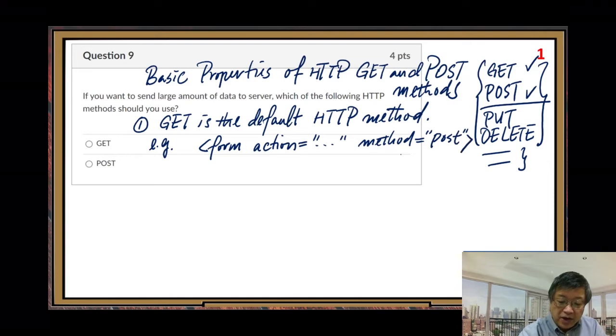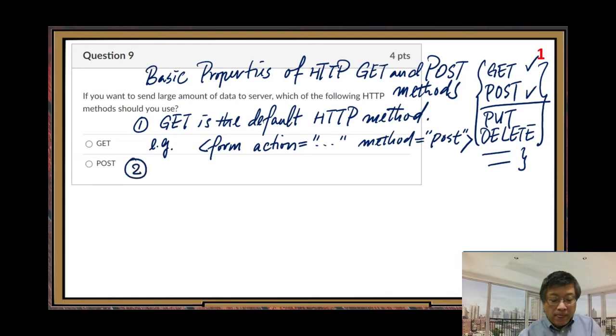But if you use GET, you can skip this part. Sometimes people still put that explicitly so people see it, for better readability. So that's the default. This is one way to specify. There are other ways.